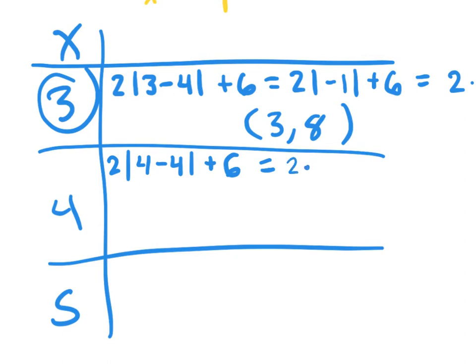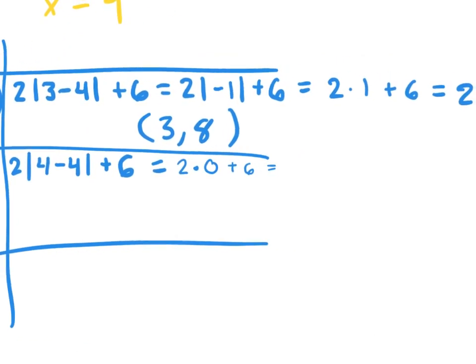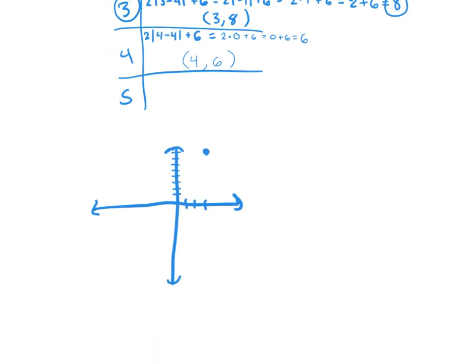So we have 2 times the absolute value of 0, which is just 0, plus 6. What's 2 times 0? 0. And 0 plus 6? 6. So then what's our coordinate point here? 4, 6. So we go to our graph, we go to the right 4 and up 6. Put a point there.